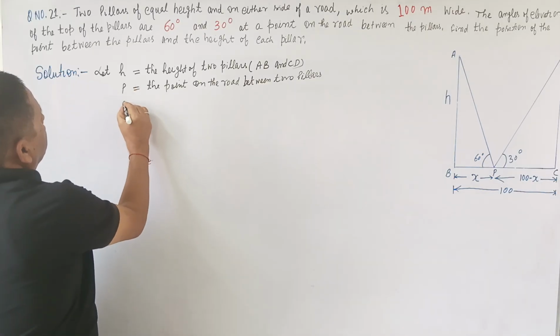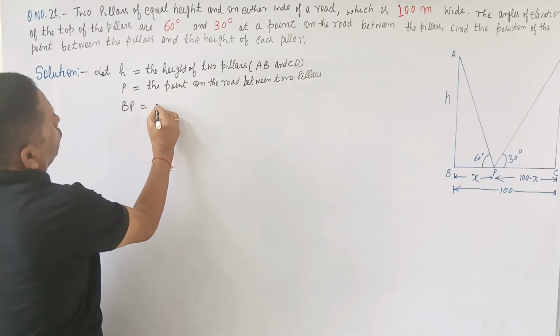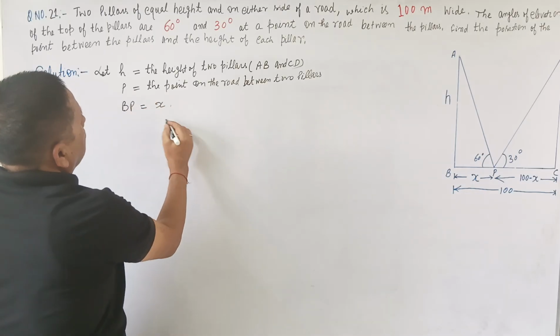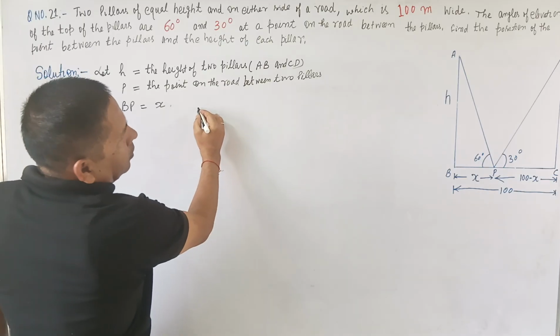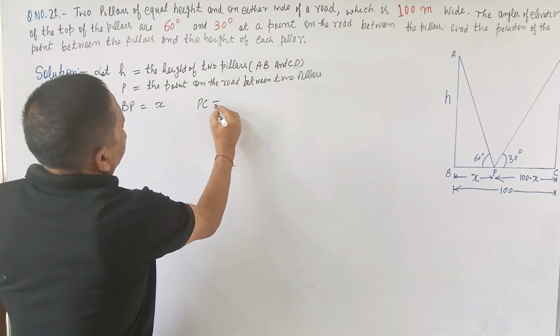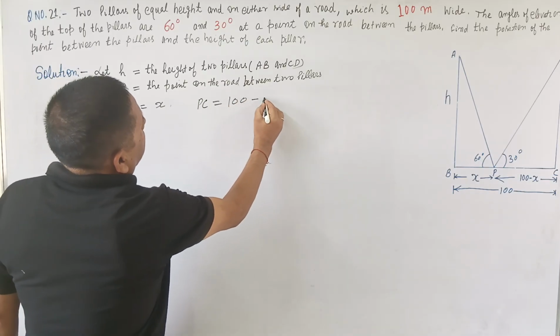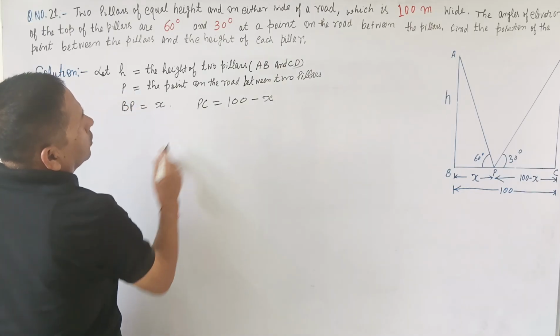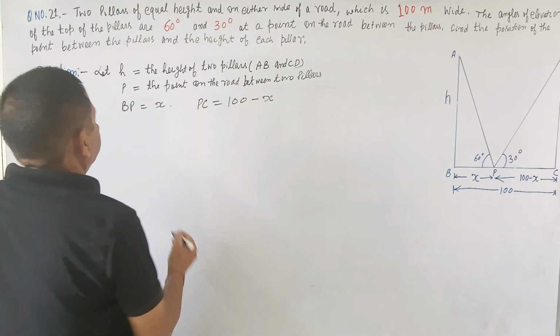Now BP equals X meter, and PC equals 100 minus X, since the road is 100 meter wide.